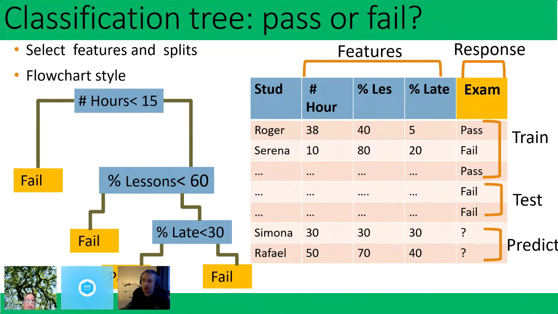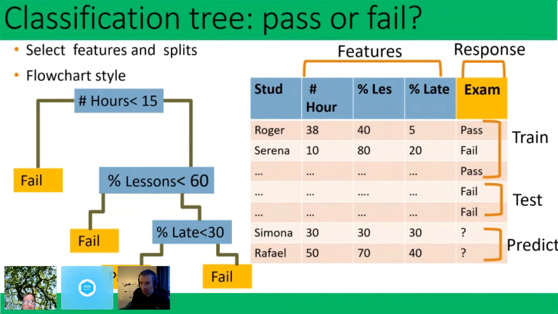If the number of hours is less than 15, the student will fail. Otherwise, if the number of hours is more than 15, this is not enough. Then we'll have to look at whether the percentage of lessons is less than 60. If yes, the student will fail. If not, then we look at whether the student was late.